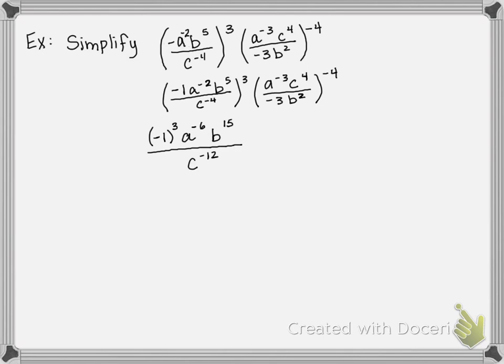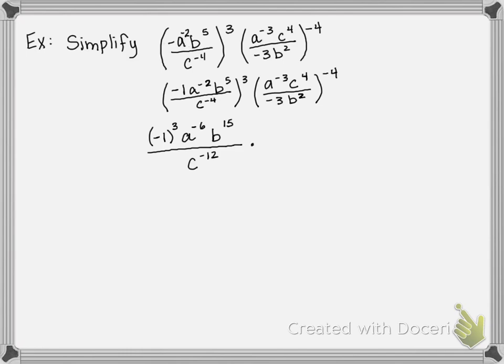If we had rewritten everything with a positive exponent inside the parentheses first, we would have gotten the same thing in the end. However, because there's a negative exponent outside and because we're going to have to combine the two, we could end up having to flip-flop multiple times, which is why I just wait until the end to do that. Okay, that makes sense.